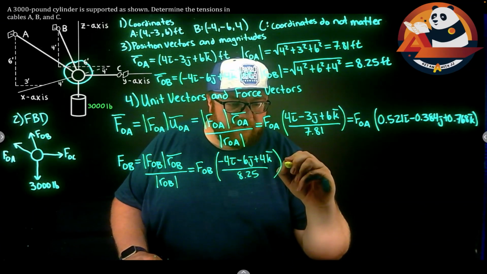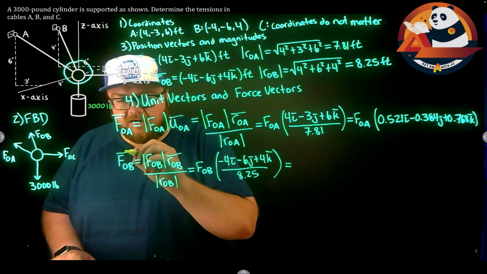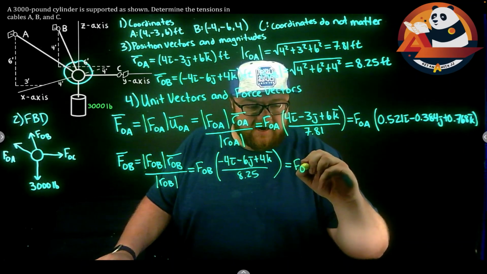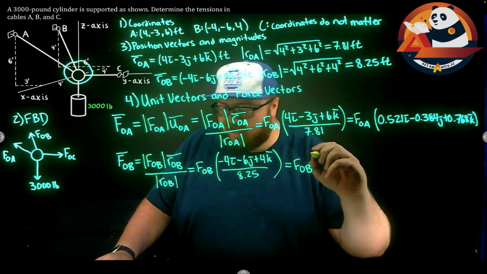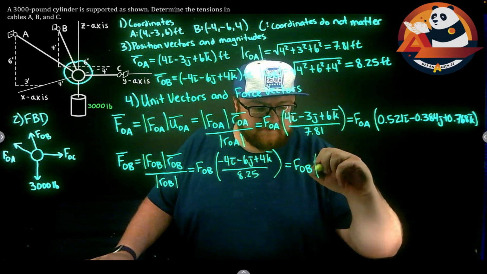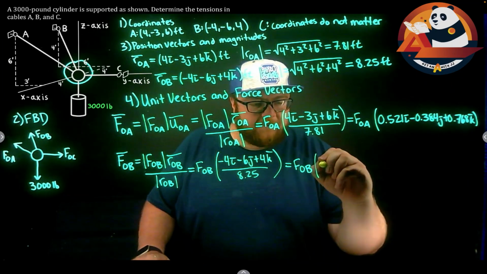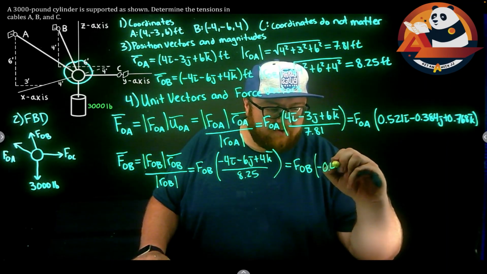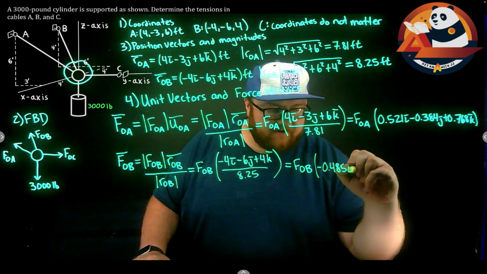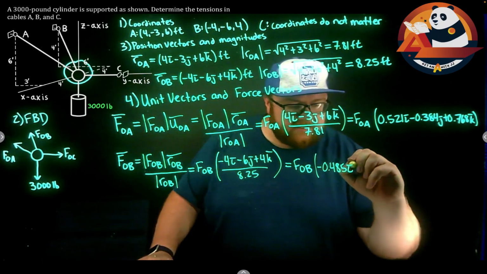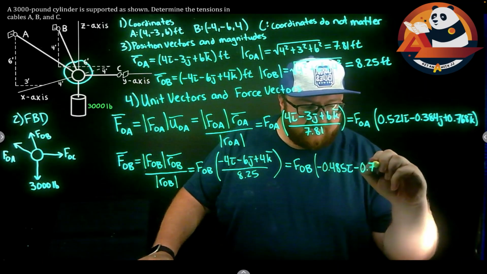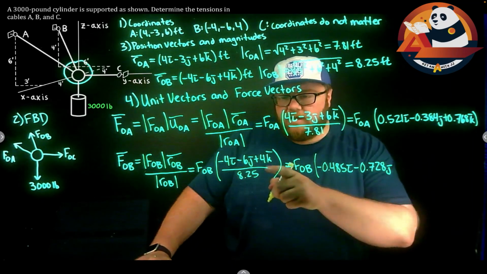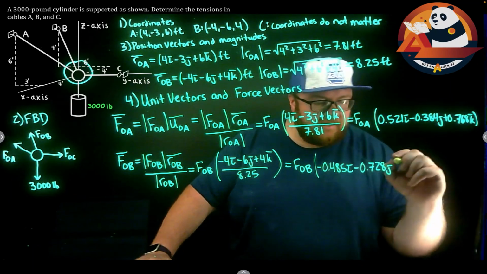Which is going to get us that our force vector here, so I should have a line over that, is that FOB is equal to our magnitude, the unknown I'm going to solve for, FOB, times negative 4 divided by 8.25 would be negative 0.485I, minus 0.728J, plus 4 divided by 8.25 is again 0.485.